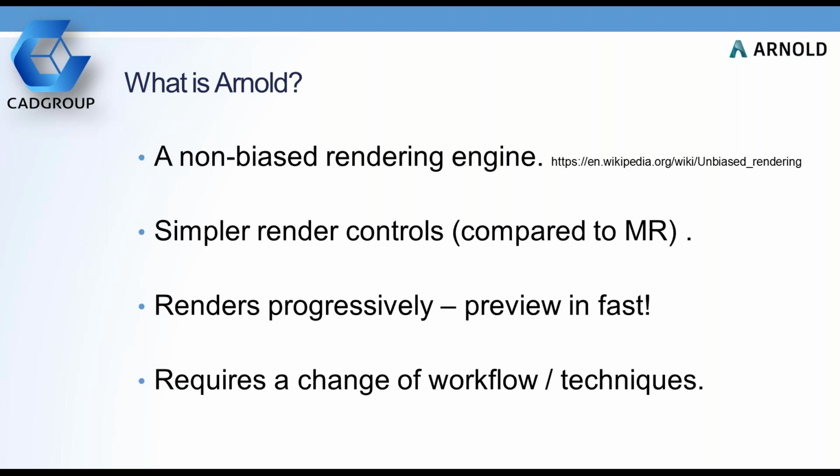Okay, one of the other cool things, as we'll see during the demonstration, is that when you do a render, Arnold will pretty quickly give you quite a rough preview of the rendered frame. Now, in Mental Ray, that preview could sometimes take a considerable length of time to come up on the screen.